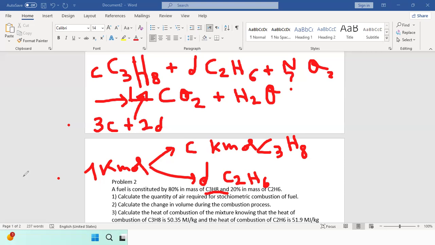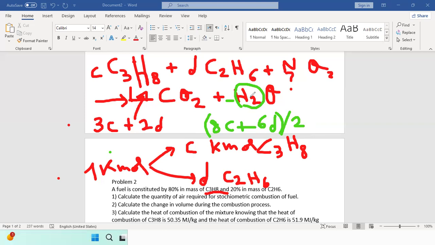Concerning the number of kilomoles of H in the reactives, I have 8C plus 6 times D atoms of H. But since here I have H2, not H, if I have 8C plus 6D kilomole of H, I will have (8C plus 6D) over 2 kilomole of H2 because each 2 atoms of H will form 1 molecule of H2.